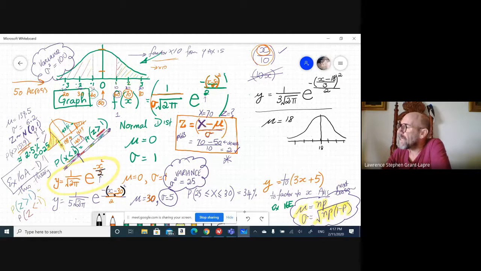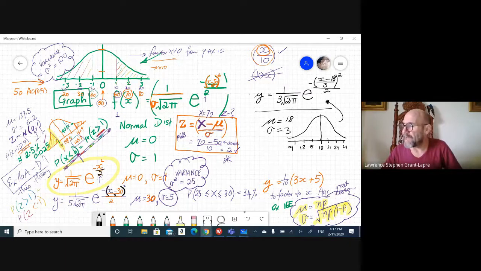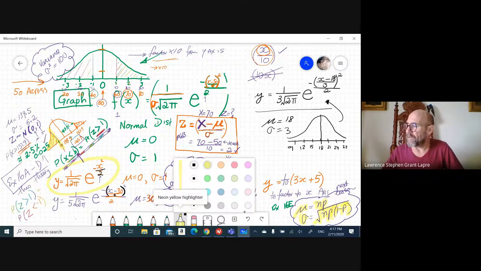Across 18, and every 3, 21, 24, 27, down 3, down 3, down 3, and that will be the formula if we transform our original equation. So be careful with that. I just wanted to highlight that. It's something that I made an error on while I was running through it before. It's the old grey matter, getting old, but we've got to put the standard deviation in with that bracket.